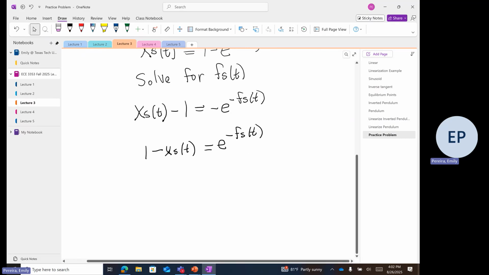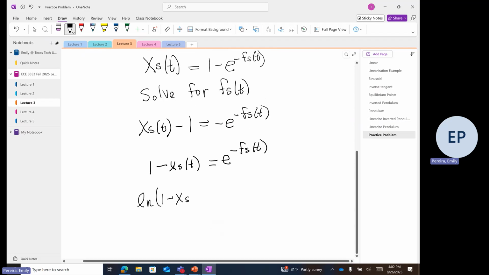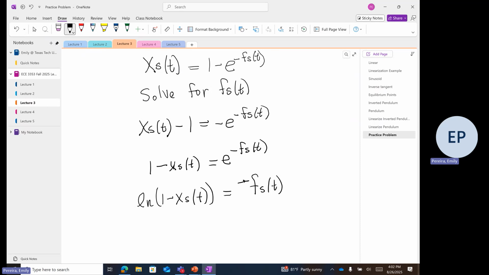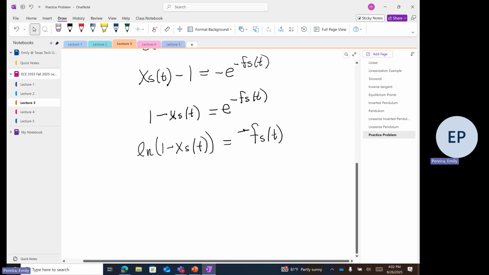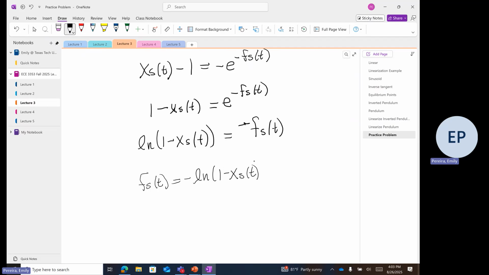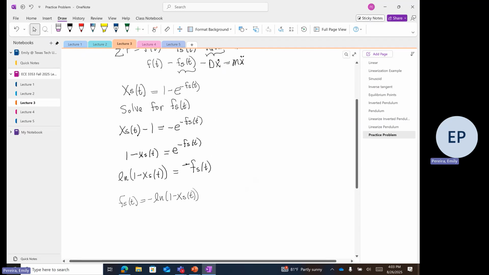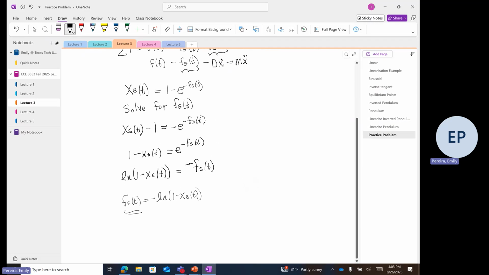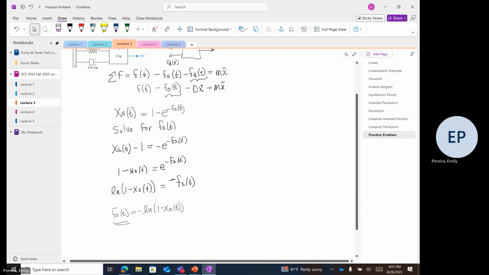If we take the logarithm of both sides, we get the natural log of 1 minus x of st is equal to negative f of st. And then we divide by negative 1 on both sides, we're left with f of st is equal to negative log of 1 minus x of st. Okay, so this is the force on the nonlinear spring.